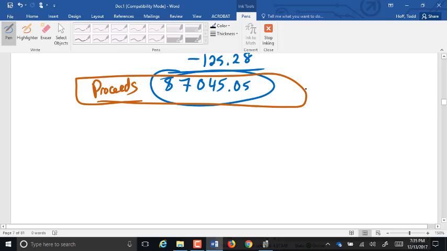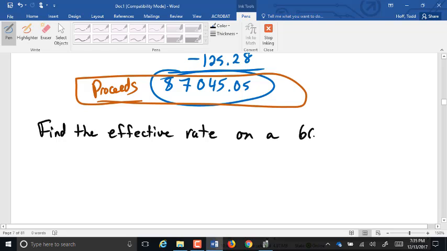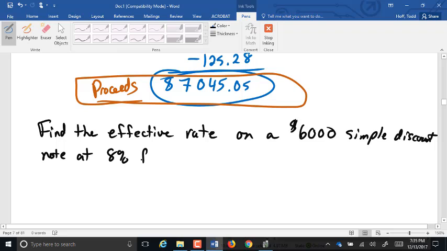The other somewhat difficult task in simple interest: find the effective rate on a $6,000 simple discount note at 8% for 90 days.